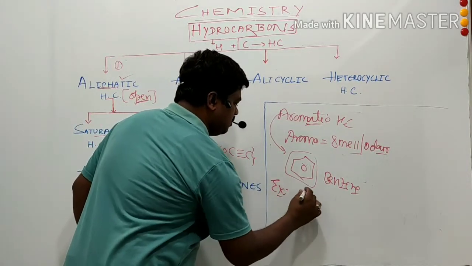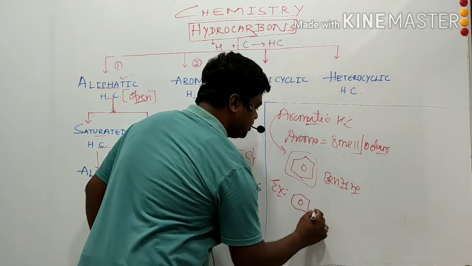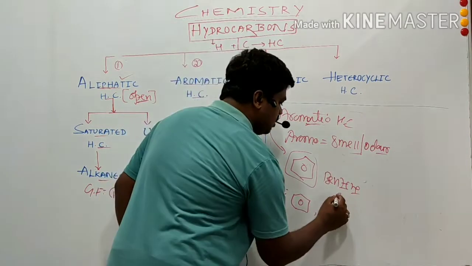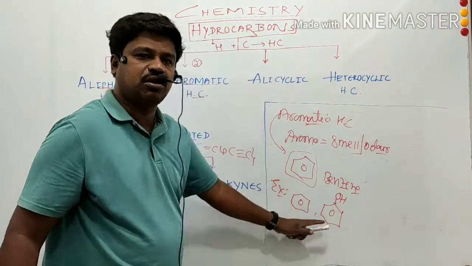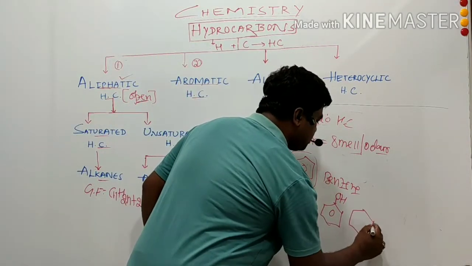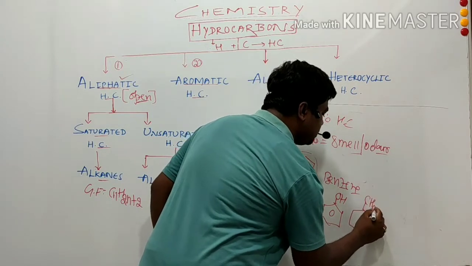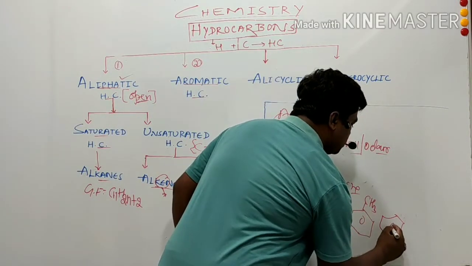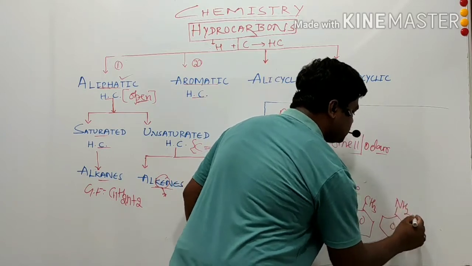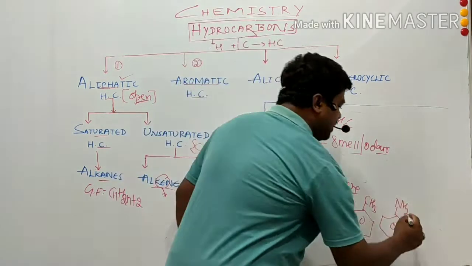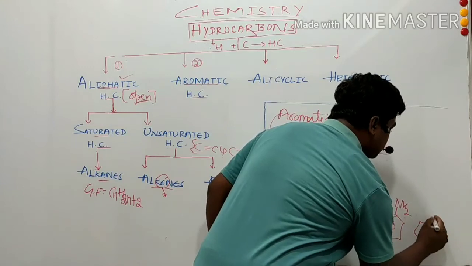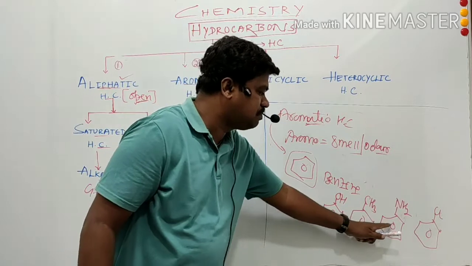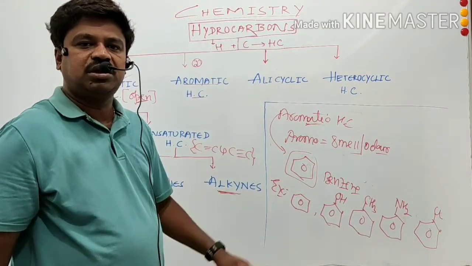Examples: benzene itself; benzene with a side group like OH, we call phenol; benzene with the side group CH3, toluene; benzene with NH2, aniline; benzene with just Cl, chlorobenzene. You see, in all these examples, there is a minimum of one ring.